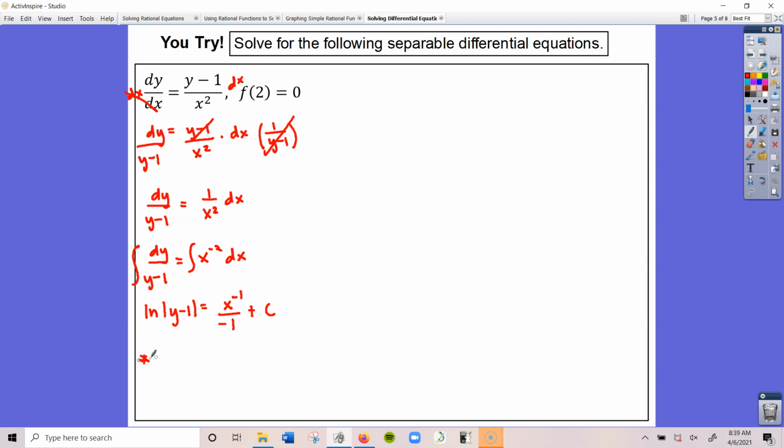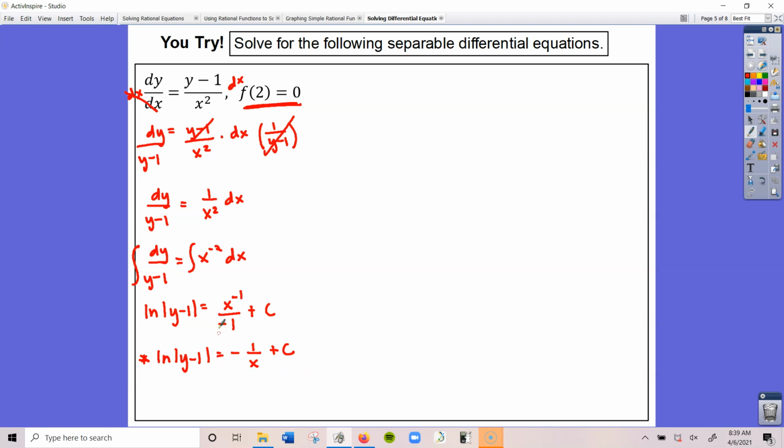So I can rewrite this general solution as the ln of the absolute value of y minus 1 is equal to negative 1 over x plus c.